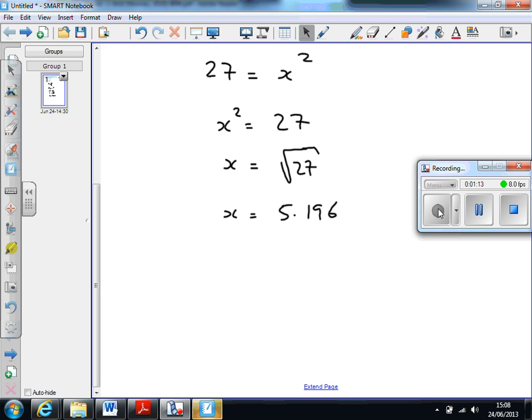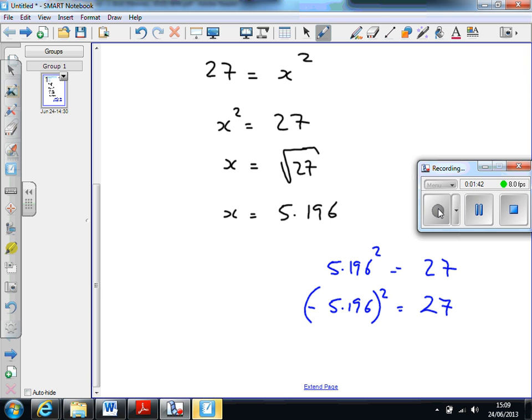However, we need to think about this for a minute, because if I take my 5.196 and square it, that's going to give me near enough 27. But if I take negative 5.196 and square it, minus times a minus always gives a plus, so that too will give me 27.